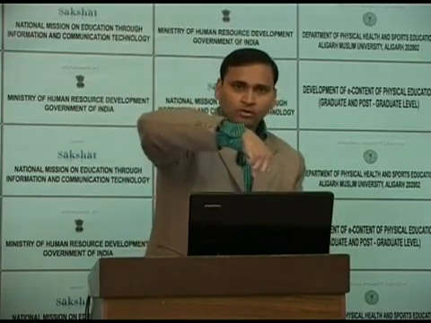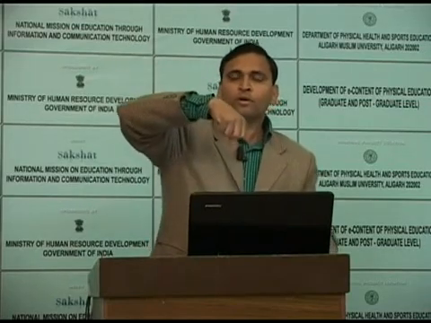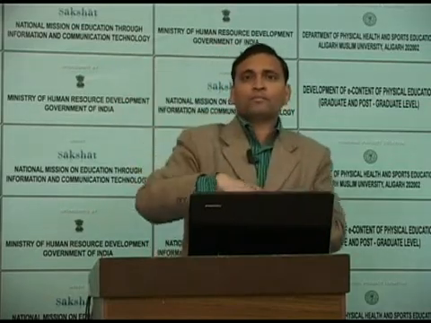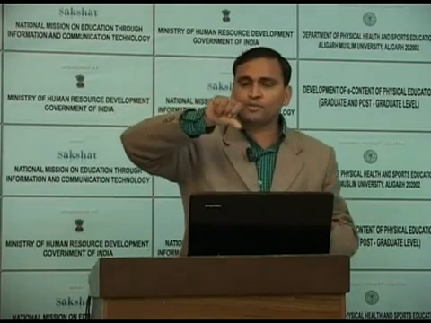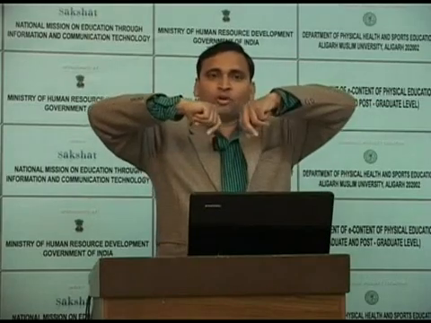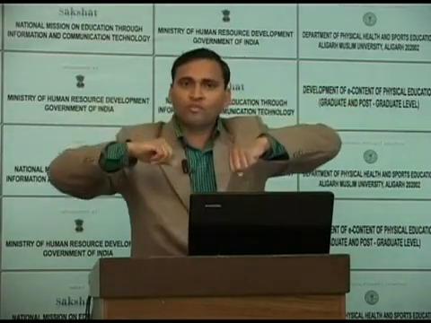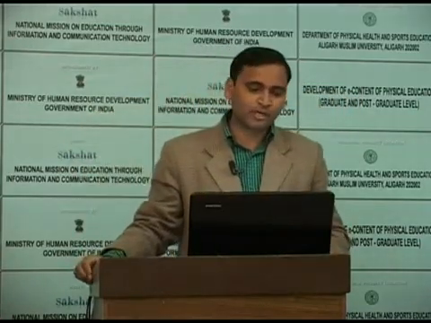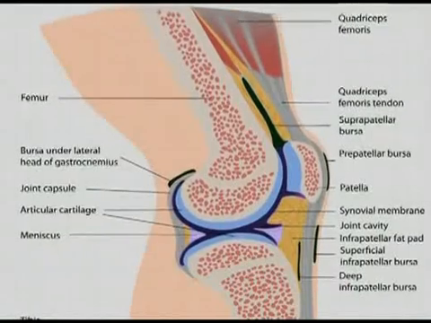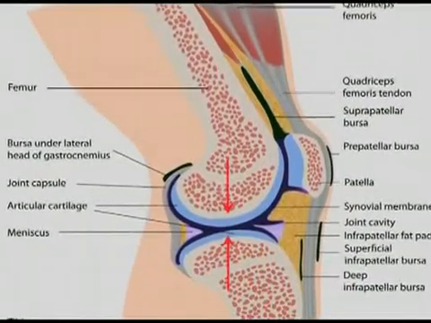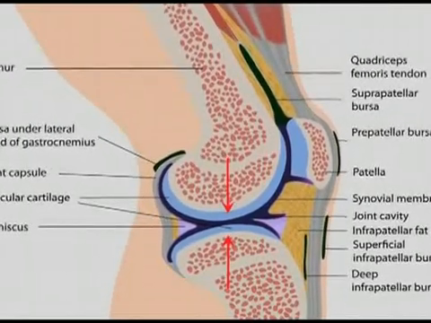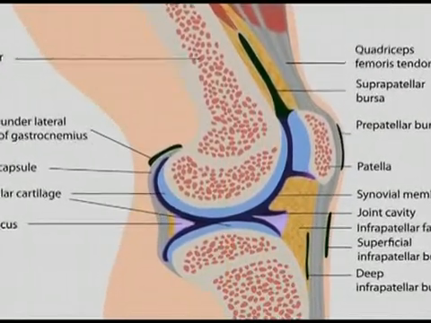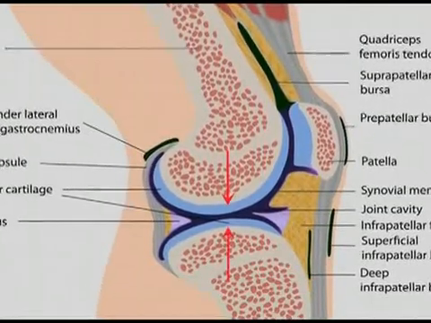When you apply load over one bone, because of loading, it means load is stress. When you apply stress, the structure will deform, and because of deformation, there will be space. Suppose you are approximating two convex surfaces, and when two convex surfaces are approximating, as you can see in the diagram, there is a fluid film formation because of elastic deformation as well as sliding movement of the two opposing surfaces.